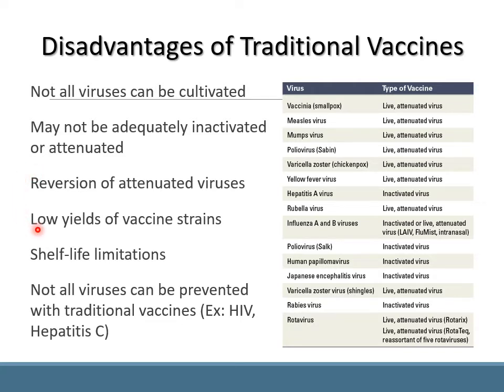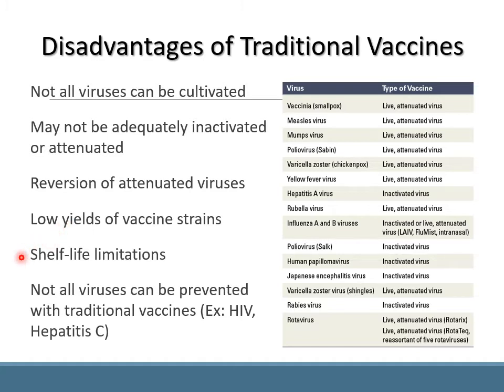There can be low yields of vaccine strains, because think about if you have to grow enough virus to include in every vaccine dose, that's a lot of growing viruses. So if you have vaccine strains that don't yield many viruses per infection, then that's going to be a difficult process. There are shelf life limitations.